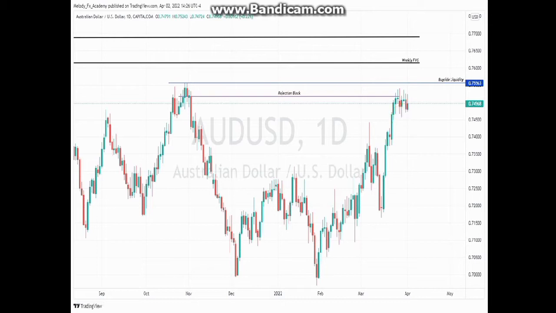That explains why we consolidated throughout: we were close to the high and the low of the monthly candle, and a new monthly candle was about to form, thus creating this kind of consolidation.